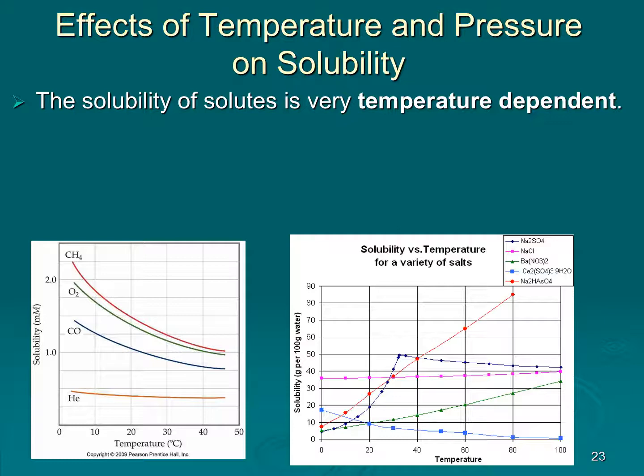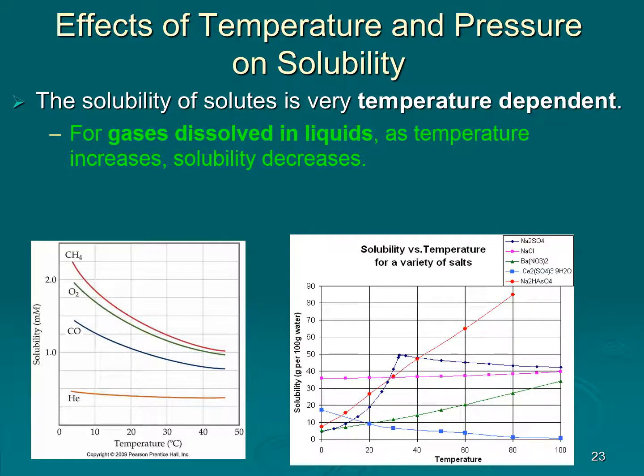However, it will depend on what the solute is. So if the solute is a gas dissolved in a liquid, then if you increase the temperature, the solubility will decrease. And that's the picture over to the left. This is just showing the solubility in water of different gases.